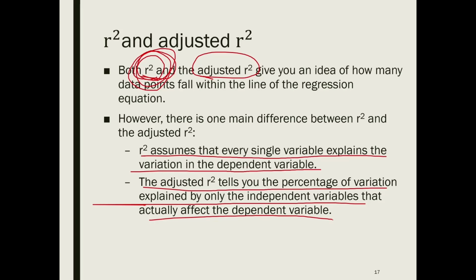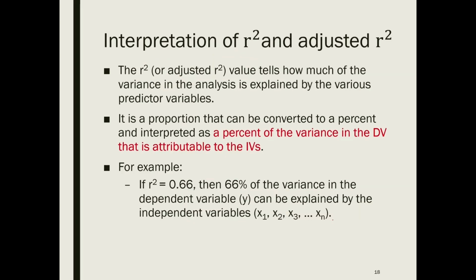But based on my readings, R-square is the more common way for people to use, because in most analyses not all independent variables have a significant impact, so the adjusted R square is always very small. So people tend to use the R square to interpret how much of the variance in the data is explained by the predictor variables.